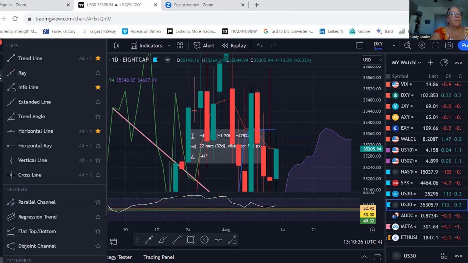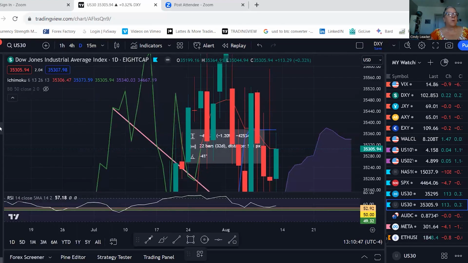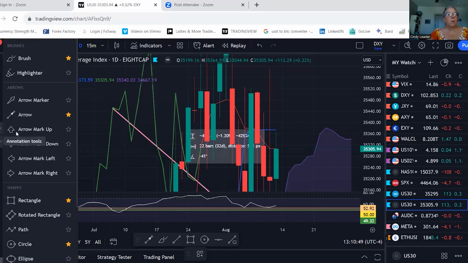Nice one there. I feel like TradingView has moved a couple of things. Oh, I think it's right here. Arrow. I want my traditional arrow. The arrow used to be right under the crosshair with the vertical lines and everything, and they moved it to this arrow section.